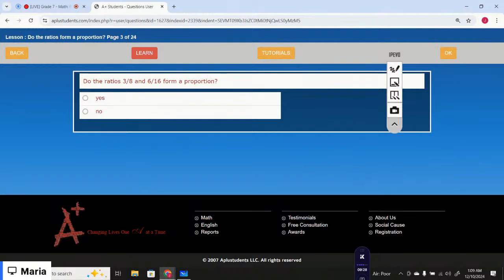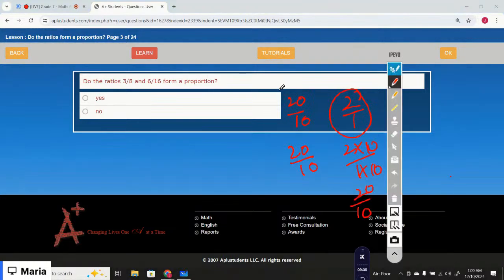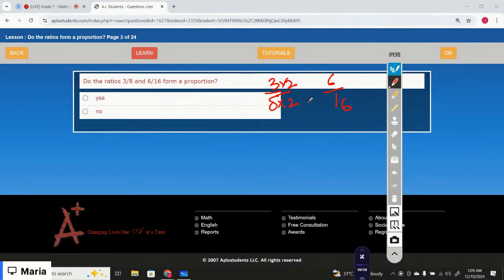Do the ratios 3 by 8 and 6 by 16 form a proportion? 3 by 8 and 6 by 16. 3 times 2 and 8 times 2, right? That is 6 by 16.